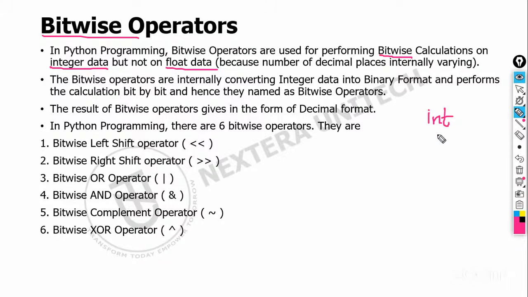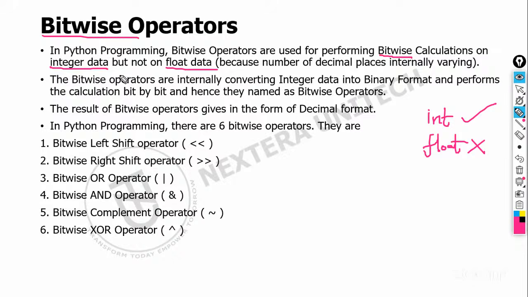Int, not float. The reason is that when you use float, because of the number of decimal places getting changed internally, they don't allow working on float type values. Only int type data is accepted and the bitwise calculations are performed.